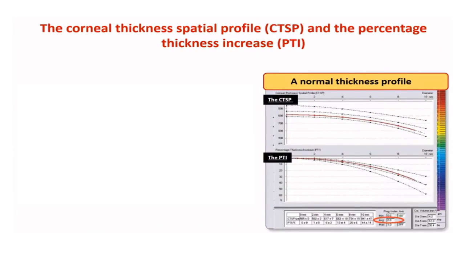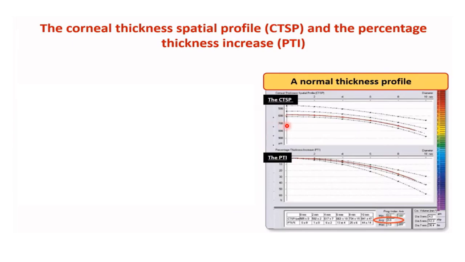Now we come to another display in the thickness profile, in the thickness map, which is known as the corneal thickness spatial profile. This profile studies the distribution and the progression of the corneal thickness from the thinnest point of the cornea toward the periphery of the cornea.